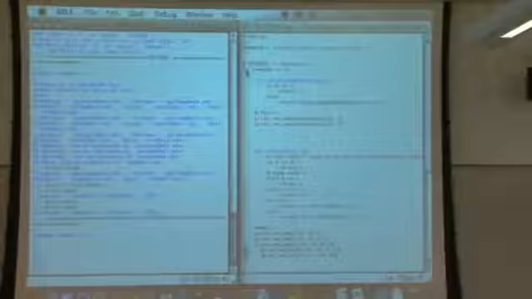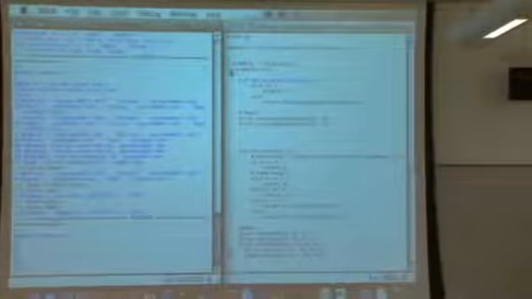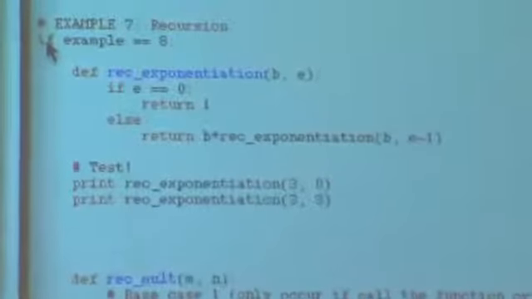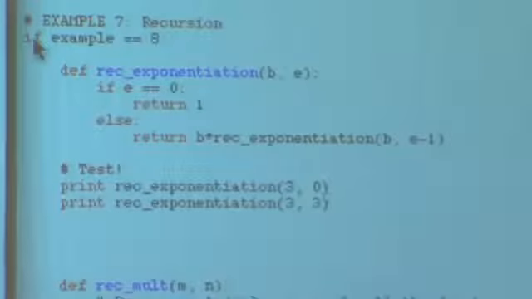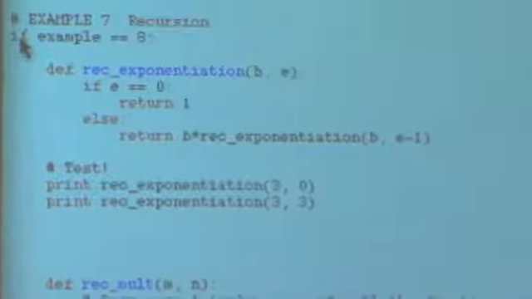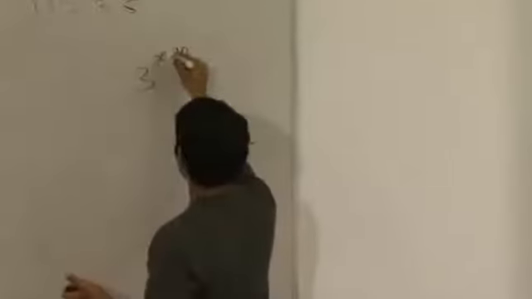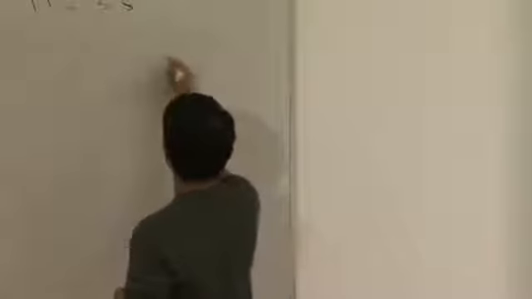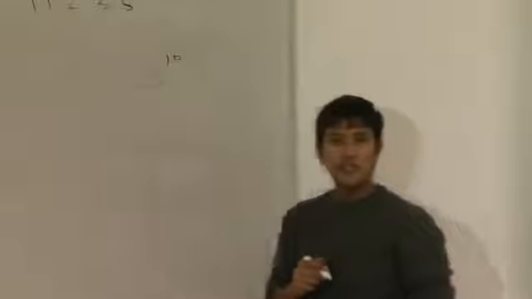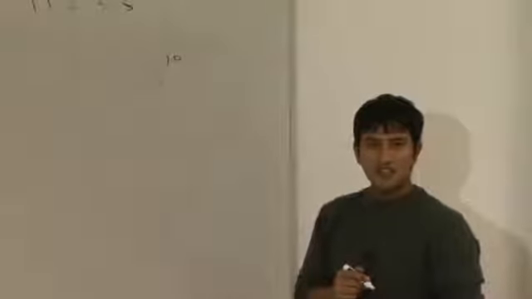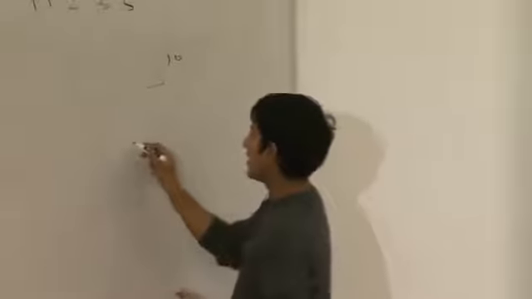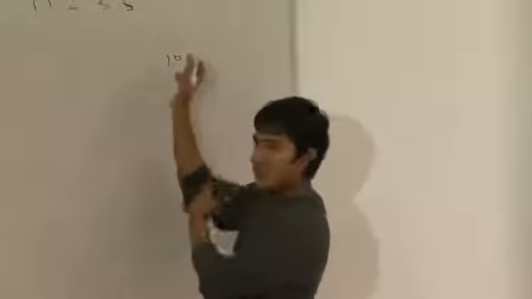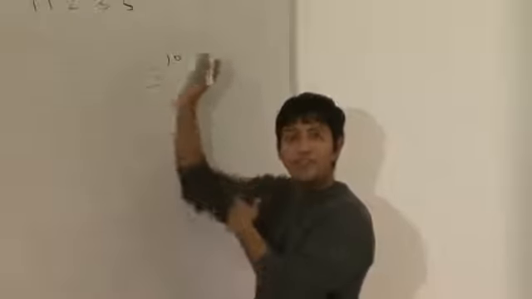Okay, it's called recursive exponentiation. So actually, you can do exponentiation through recursive multiplication. Suppose you want to find 3 to the power, say, 10. Then how would you do that? You start by expressing it in terms of its simpler version, right?